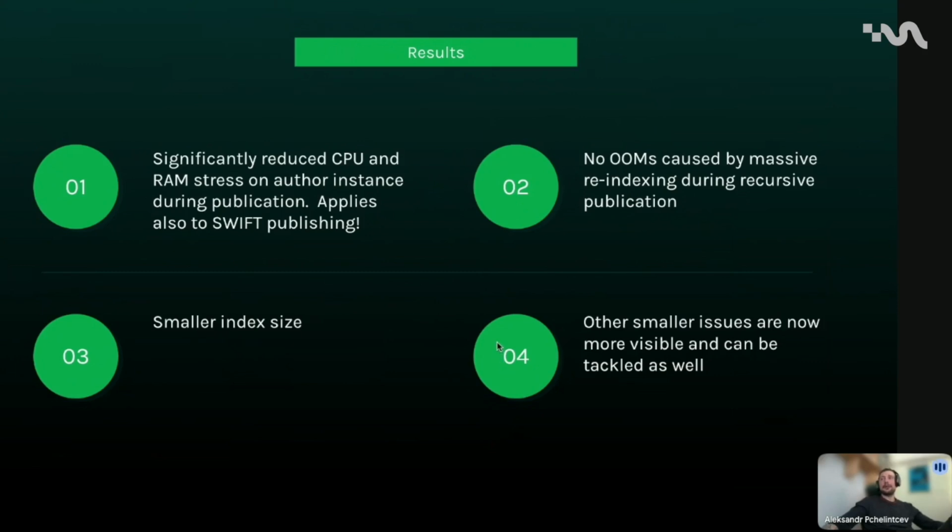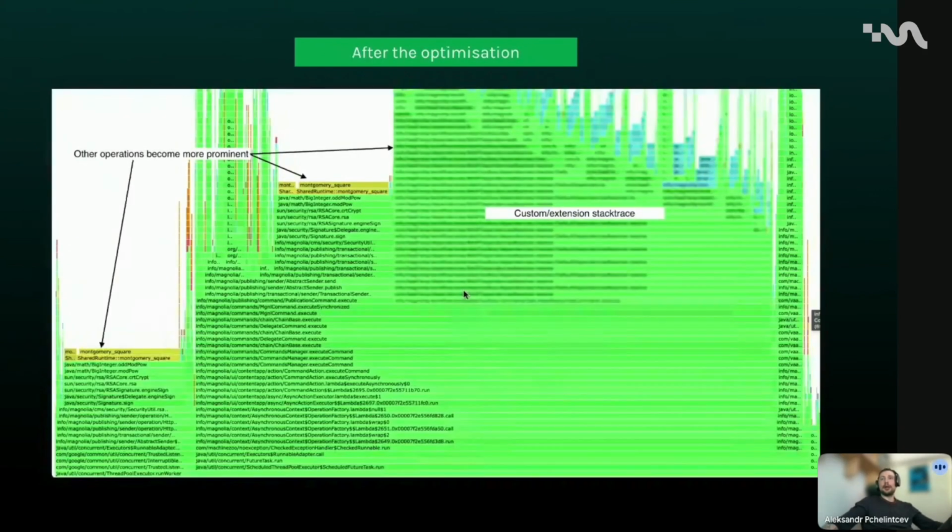And as a consequence, eliminating the problem reveals other issues that become more prominent and can also become subjects to be tackled. In this case, after we recorded the profile again after this optimization had been done, the flame graph changed. And as I said, other problems started to become more visible. So we got more food for thought about what to do next.